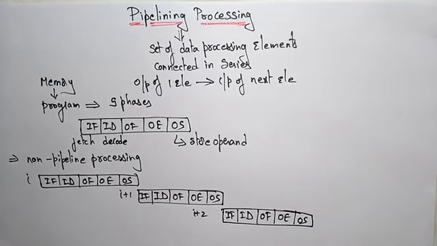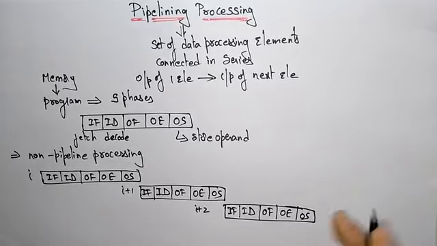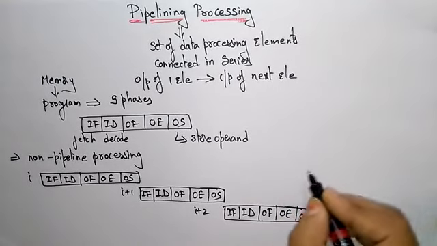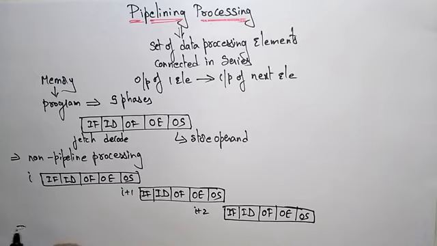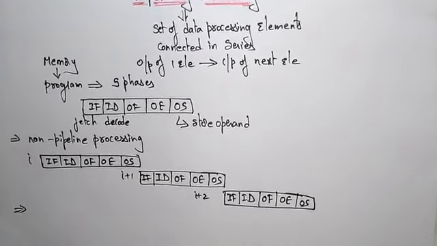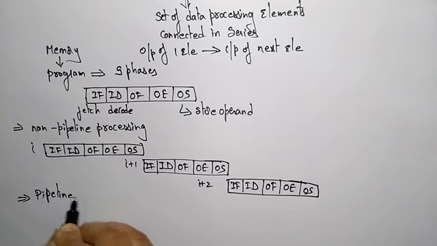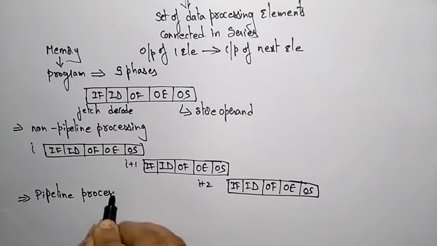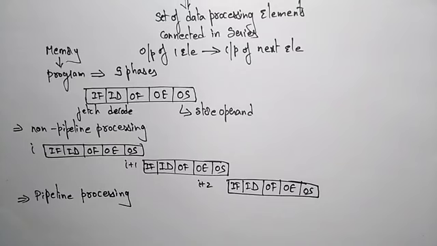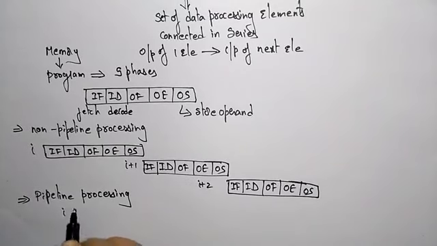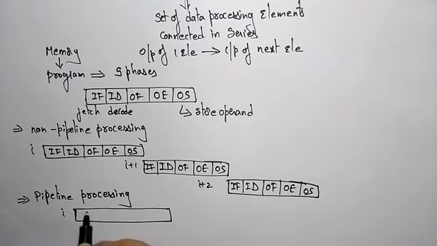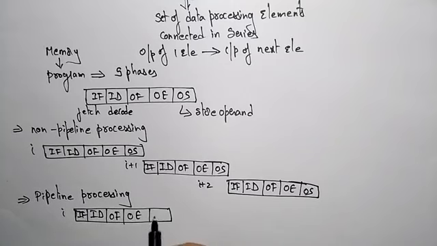How is the instruction executed in pipelining? In the first instruction I, it does instruction fetch, decode, operand fetch, operand execute, operand store.